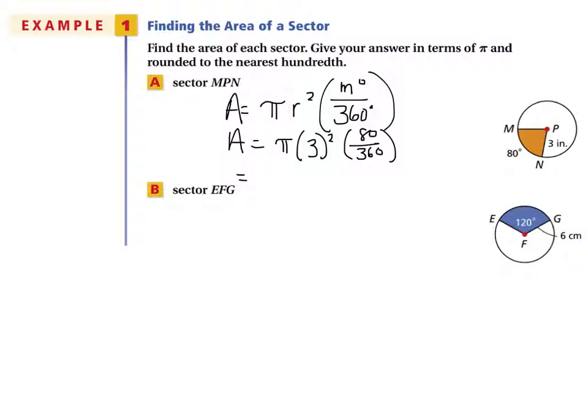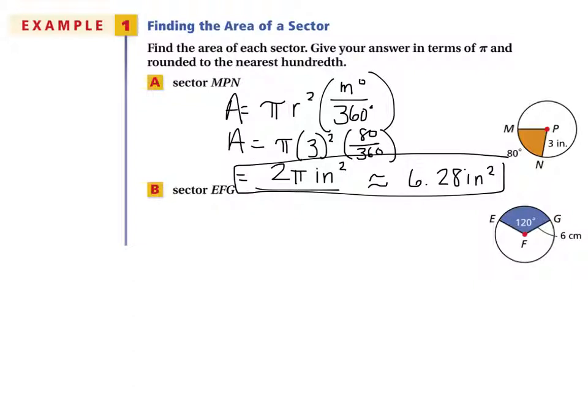That would be 2 pi square inches in terms of pi, and rounded to the nearest hundredth would be approximately 6.28 square inches. So there's our first answer. The next one is sector EFG. We just do the same thing.